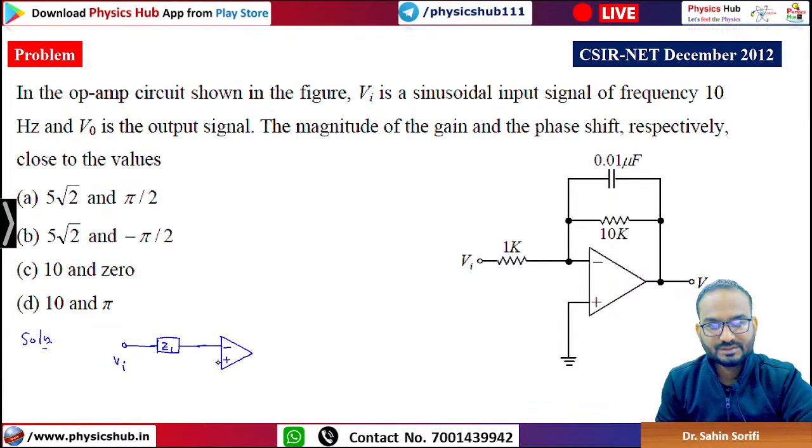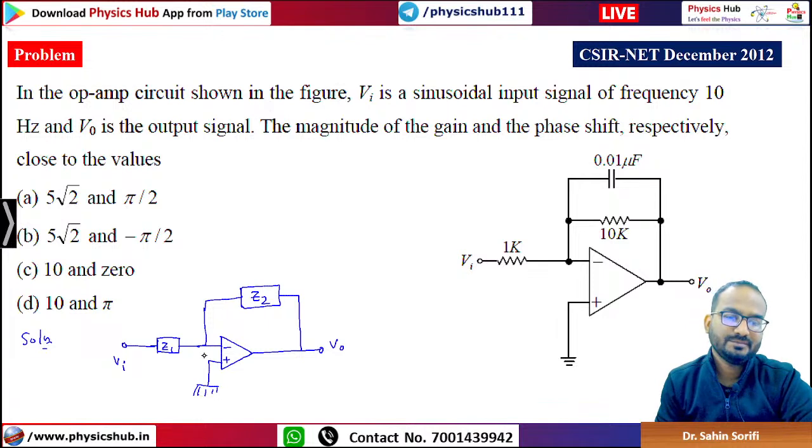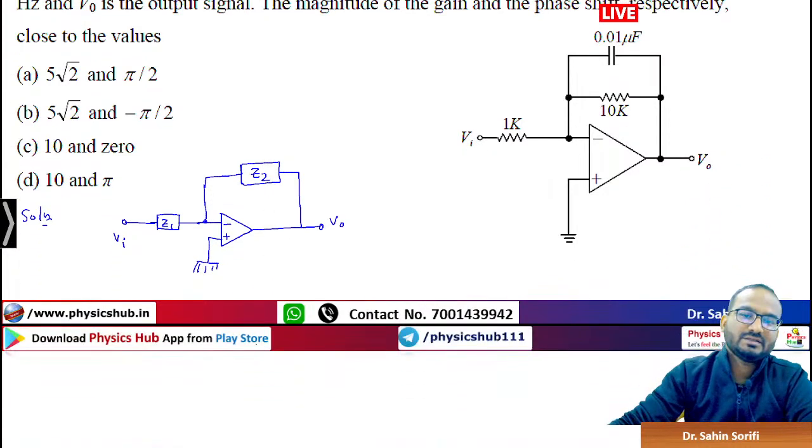Negative, positive. Let's say we have Z2 here. So this is an inverting op-amp. The virtual ground is here.